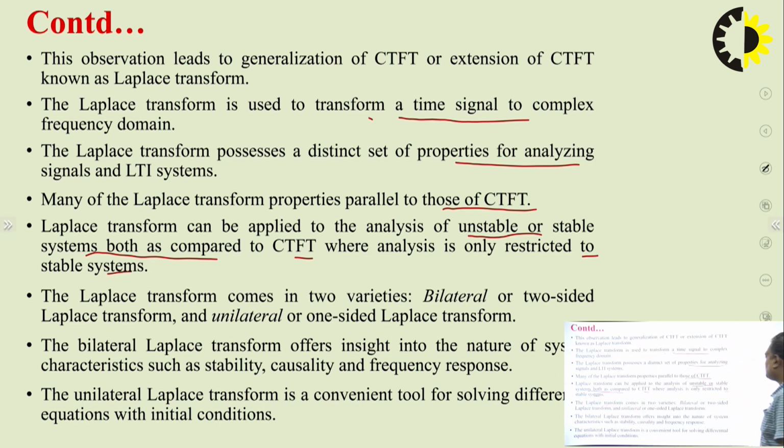Okay, so the Laplace transform comes in two varieties, bilateral or unilateral. The bilateral transform is generally used when we are interested in finding the stability, causality, and frequency response of the system, and the unilateral Laplace transform is basically a tool by which we can solve differential equations with initial conditions.